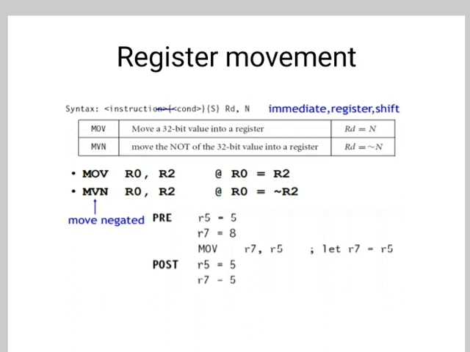MVN stands for move negated, and it stores in the result register the value obtained by inverting every bit in the source operand.